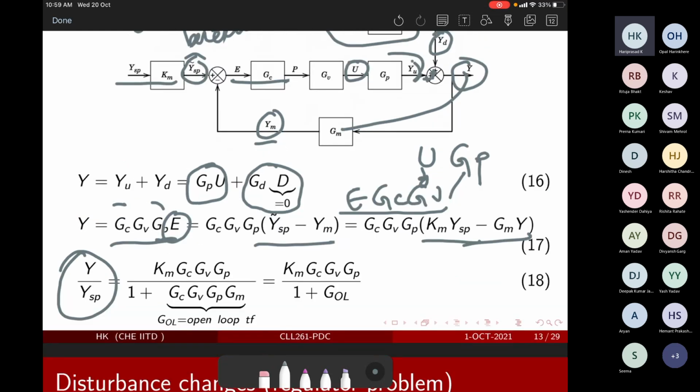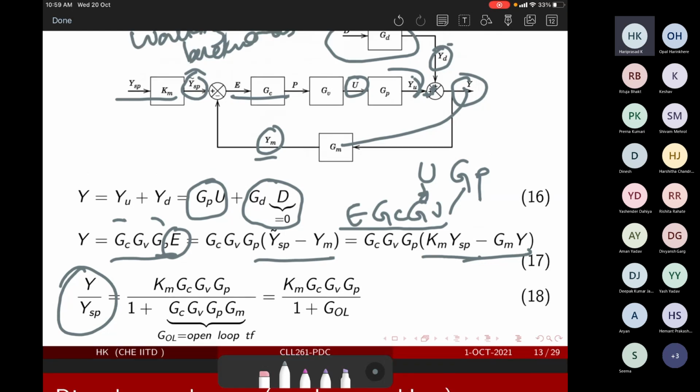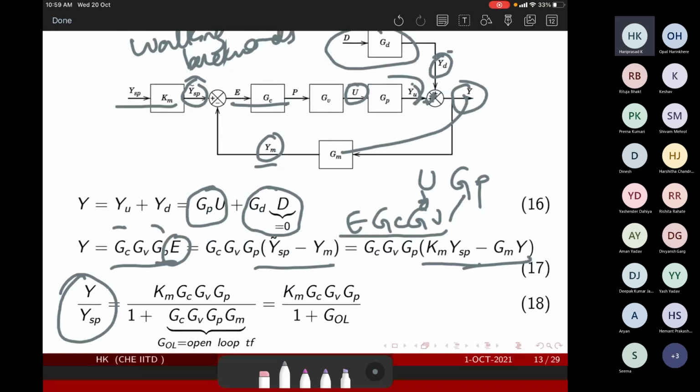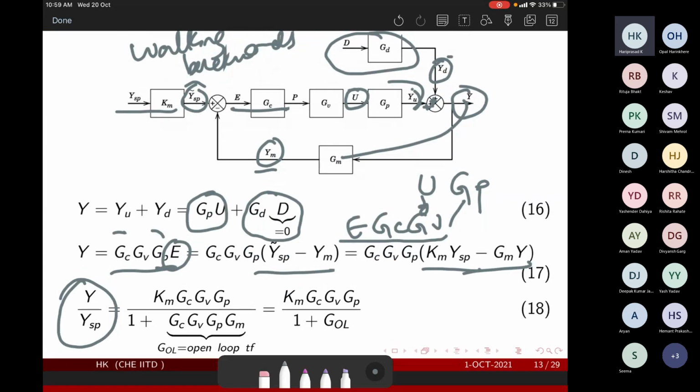That is known as the closed loop transfer function for servo, and you have to notice two important things when you get it. The structure would be something divided by 1 plus something.